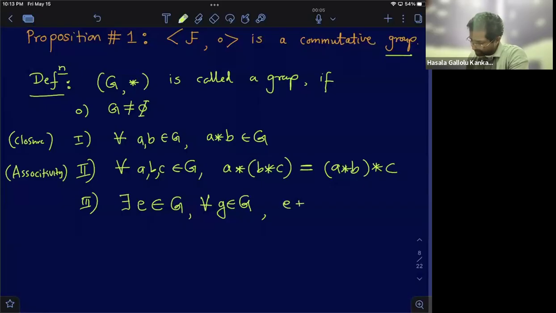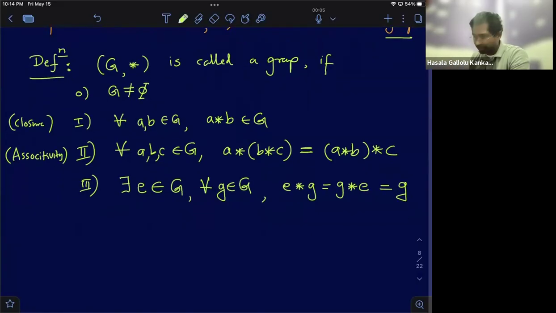E times G equals G times E. Either way you can operate these elements, both of them will land on the same value, same outcome as just the G. So in other words, the action of this universal element is not making any change to the other element that you're operating it with. So it doesn't really matter which order you're going to do it.